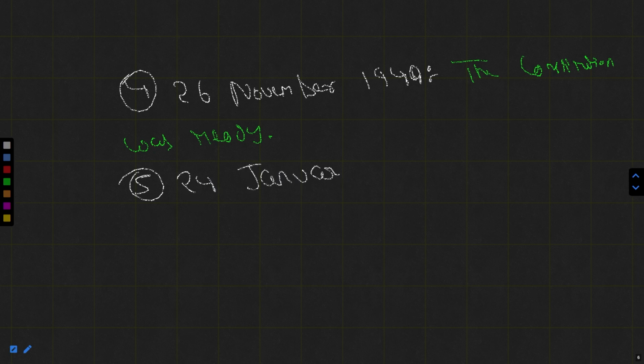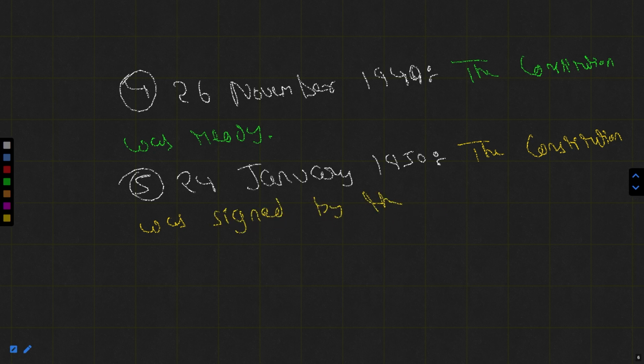Thereafter, 24th January 1950, what happened? The Constitution was signed by the members of Constituent Assembly.